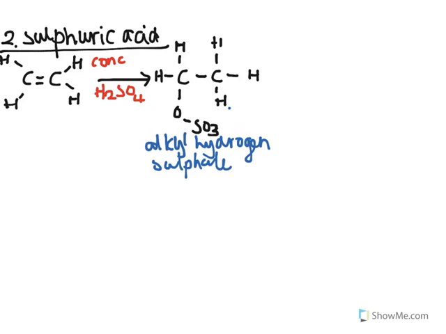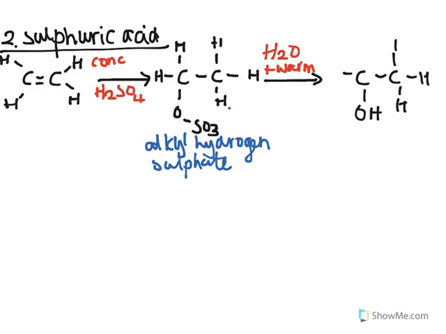This is a very useful intermediate stage, because if we add some water to this and warm it, we can flush the acid part of the molecule off to leave behind an OH group.